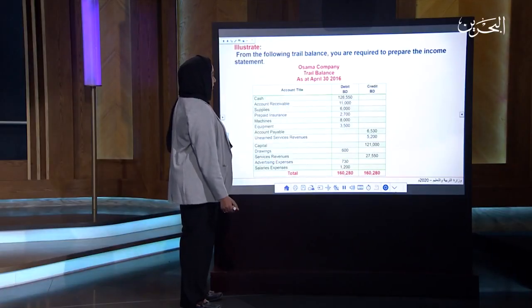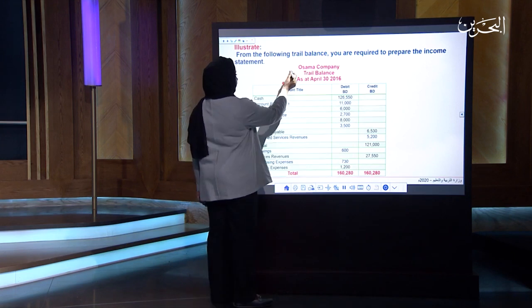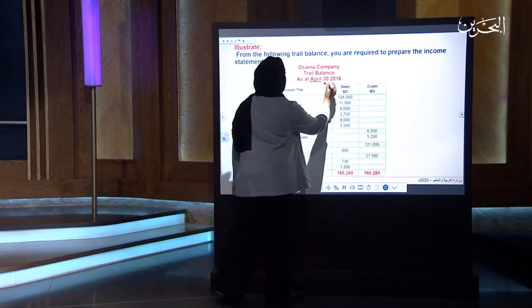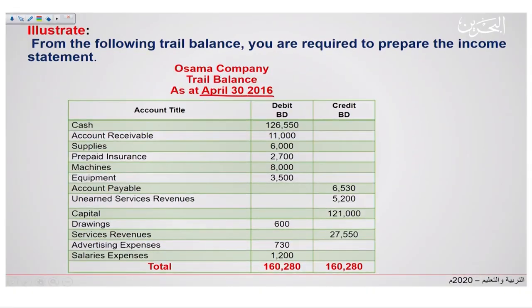Let's take an example of Osama Company for the period of April 13th, 2016, which means we are going to make an income statement for Osama Company for the period of 1 month only. As you can see in our table here, we have cash, accounts receivable, supplies, which are not revenues or expenses.